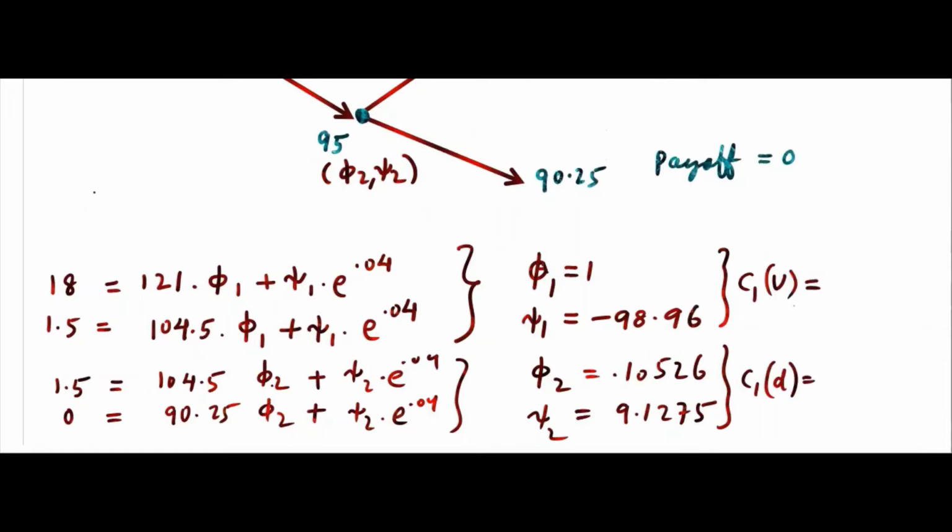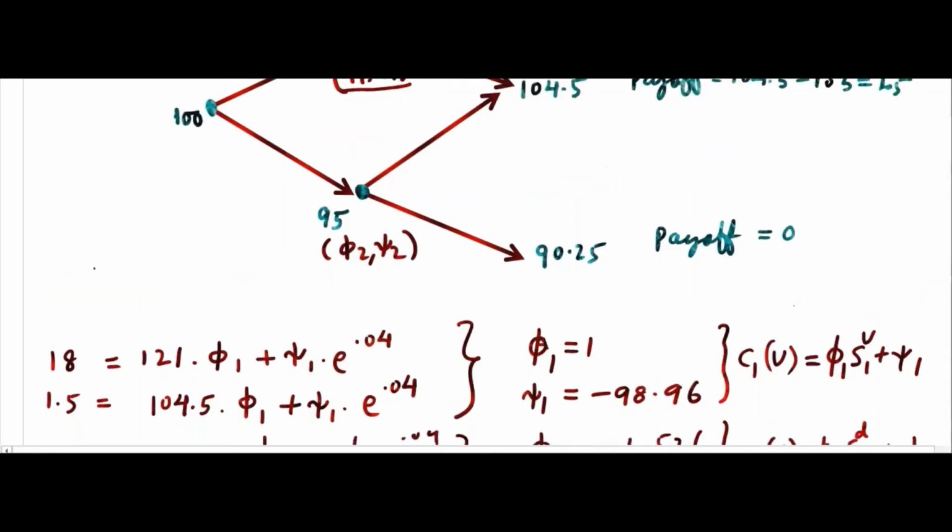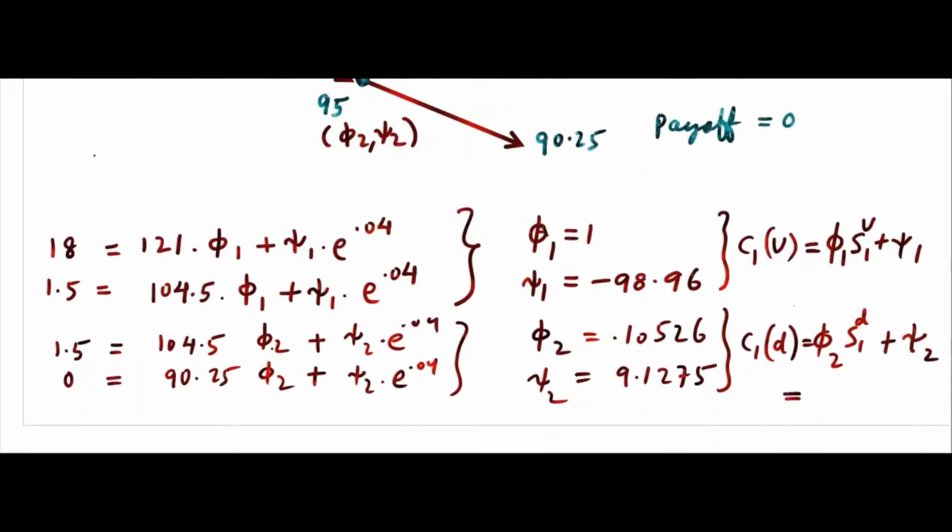In terms of phi and psi, it should be phi 1 units of share, so this will cost phi 1 S1 plus psi 1, and here phi 2 S1, we write up step and down step, these S1s are different. Plus psi 2. If you find these two, you will get the value. This is 0.87220.